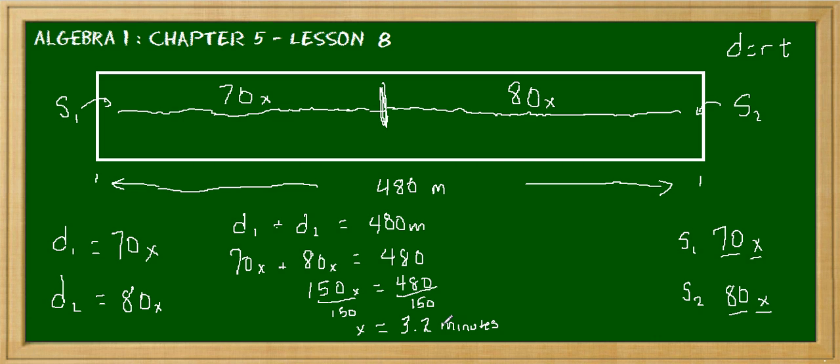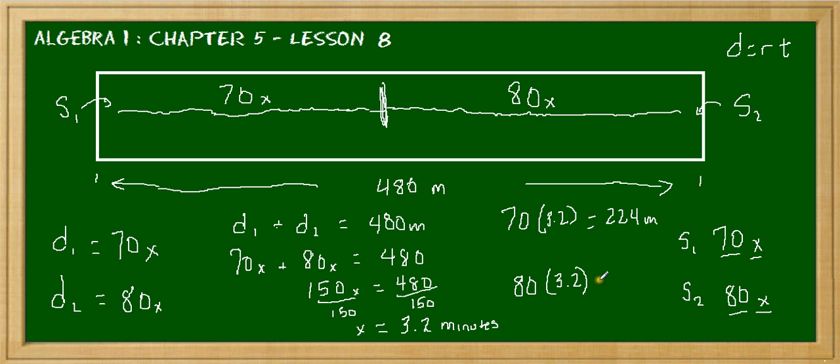Okay, now, at the point in which they meet, how far will each swimmer have gone? Well, that's quite simple, because all we need to do is say 70 times x, which is 3.2, is one of the swimmers, and the other one is 80 times x, which is 3.2 minutes. And if we multiply each of these, we're able to determine how far each had gone. In this case, it would have been 224 meters, when you do your math.